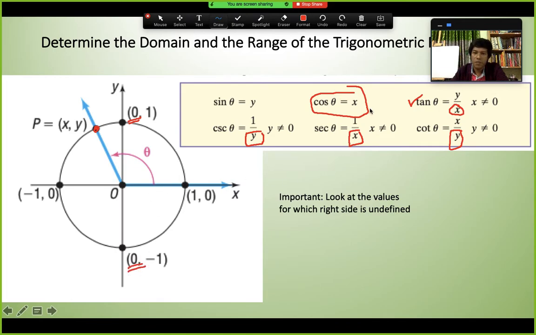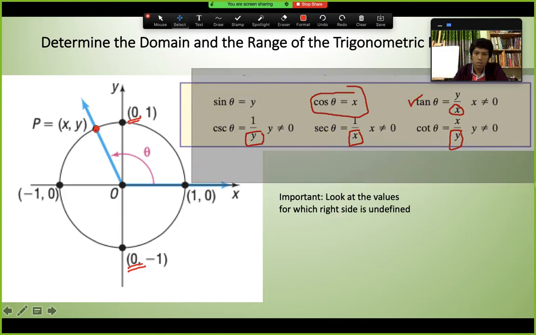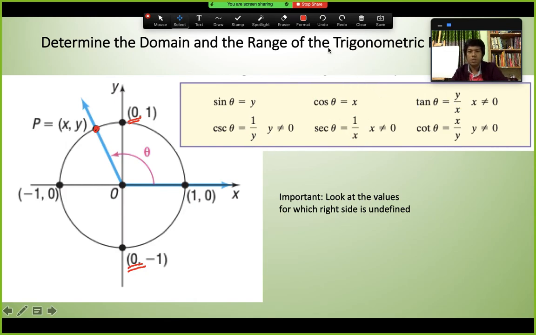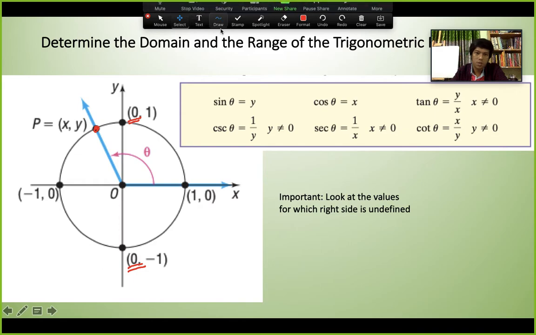That means our tan function and sec function, let me erase this and circle this only, tan. This is tan, which is y divided by x, and this one, sec, is also divided by x.